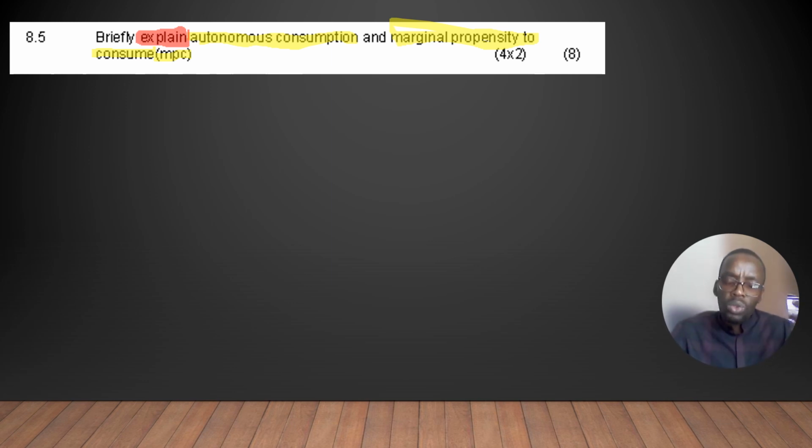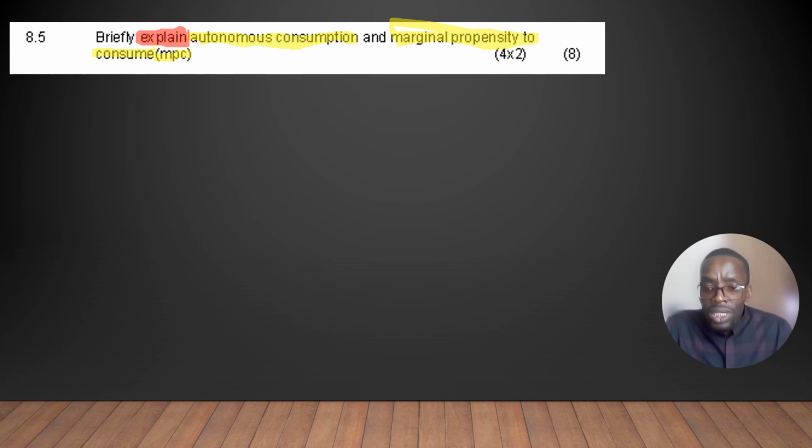Are we not going to demand food because we don't have money? If the answers to all this is no, then it would mean that we are talking about autonomous consumption, because these are consumptions that come as a result of other things and not really as a result of a change in the income levels. So that's autonomous consumption.